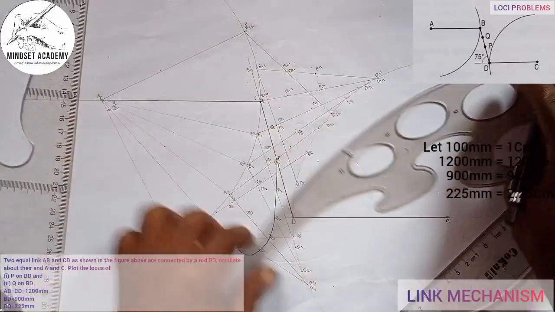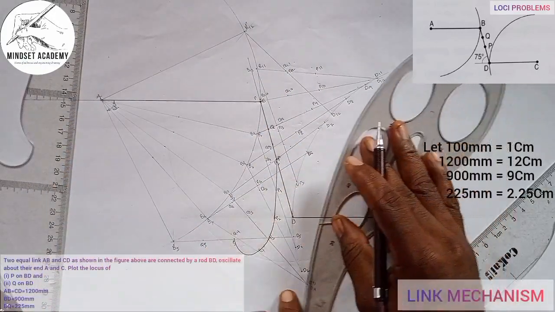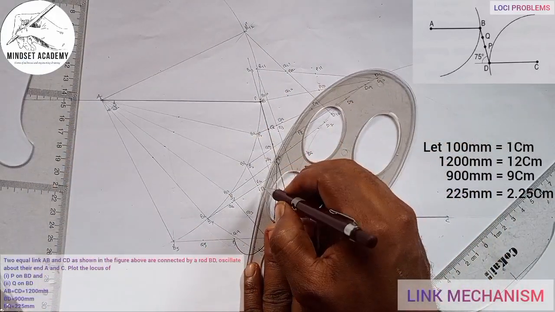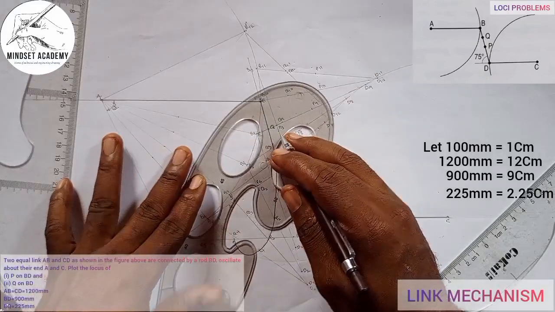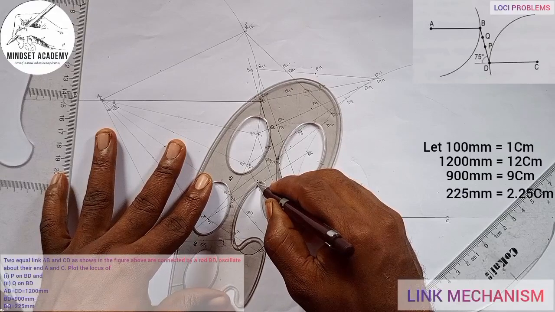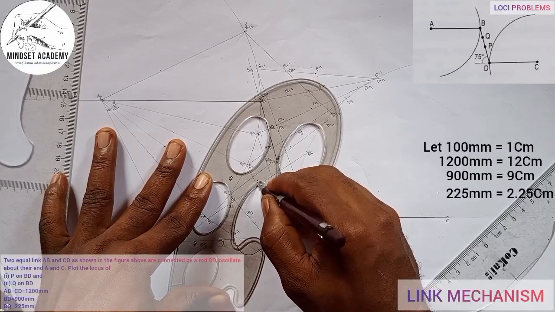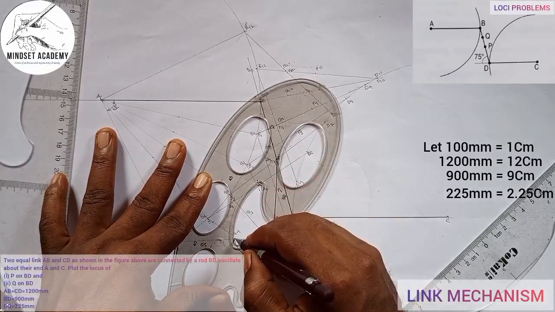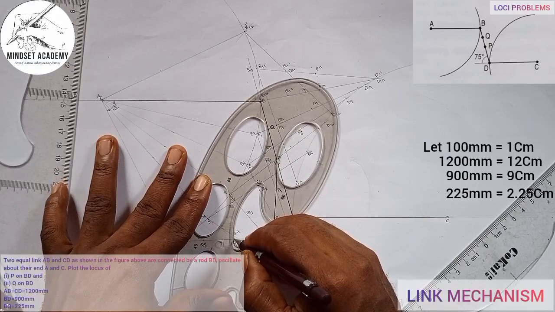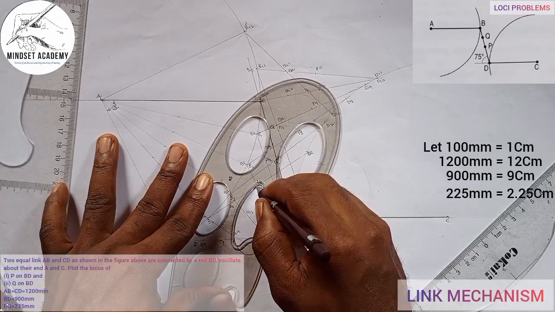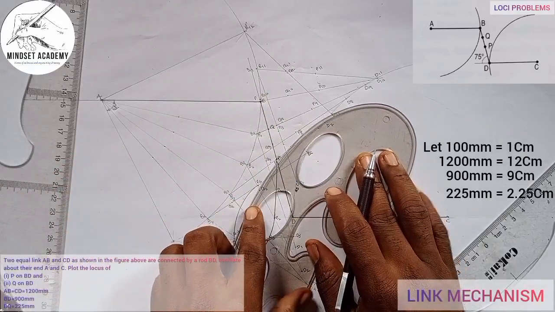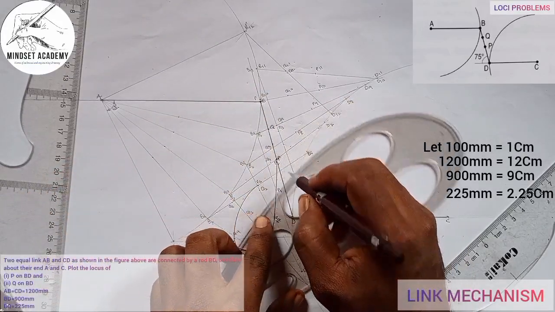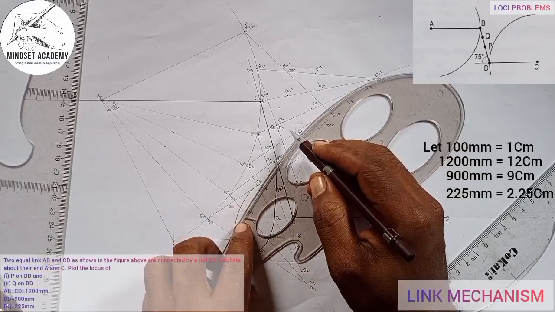Then this P5 to P6. Then the next one is to this point from P6 to P7 also.